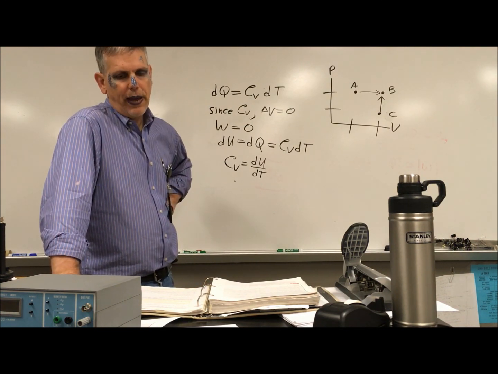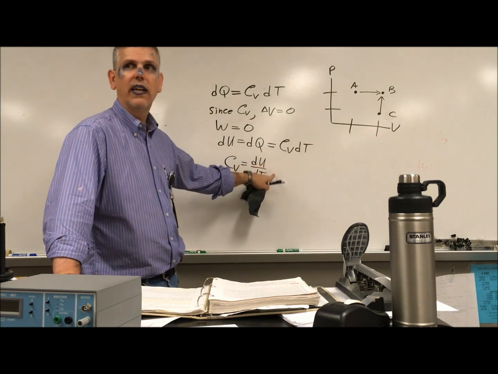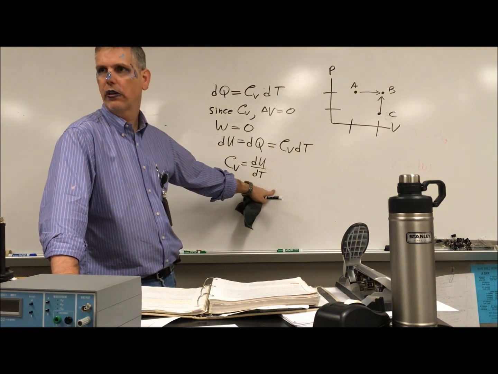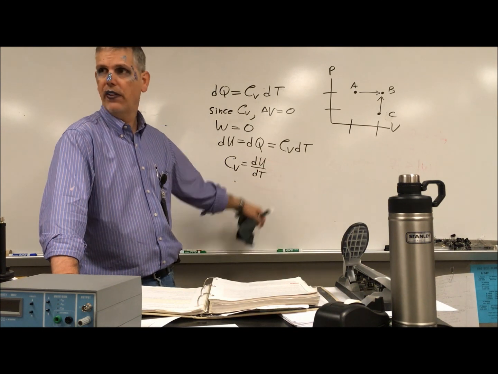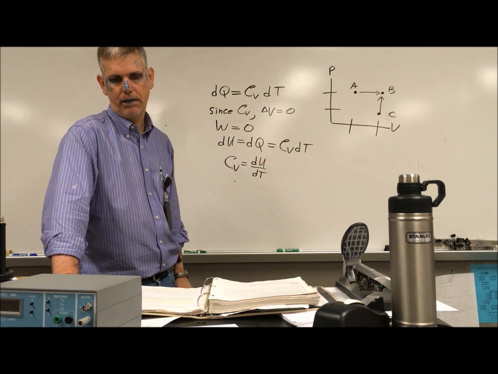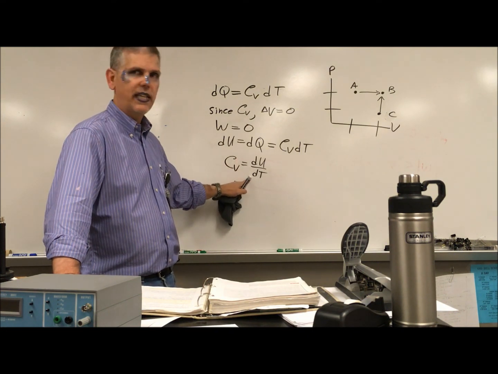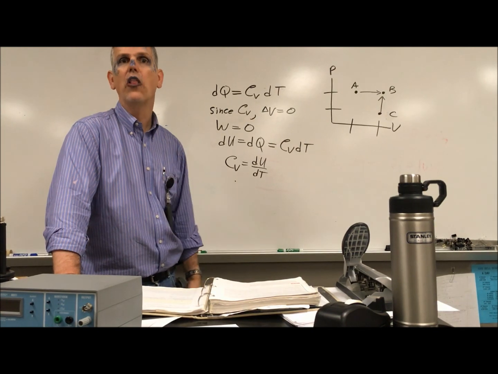Now, here's what he says. He says the heat capacity at constant volume is the rate of change of the internal energy with temperature. Like a slope. Since U and T are state variables, they define the state, not the process.